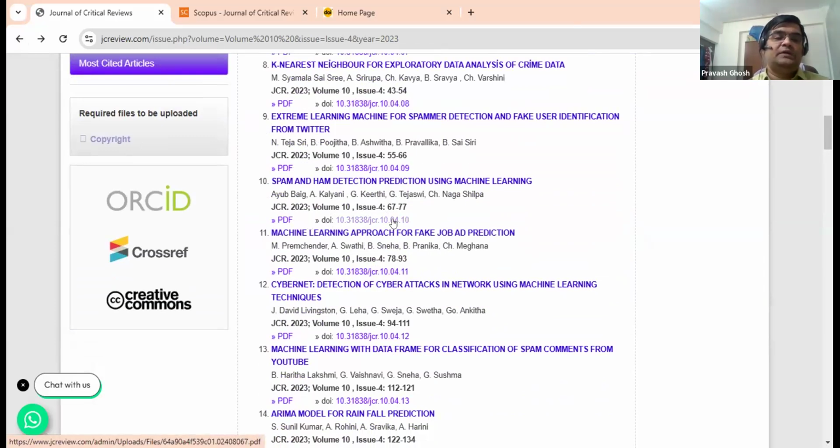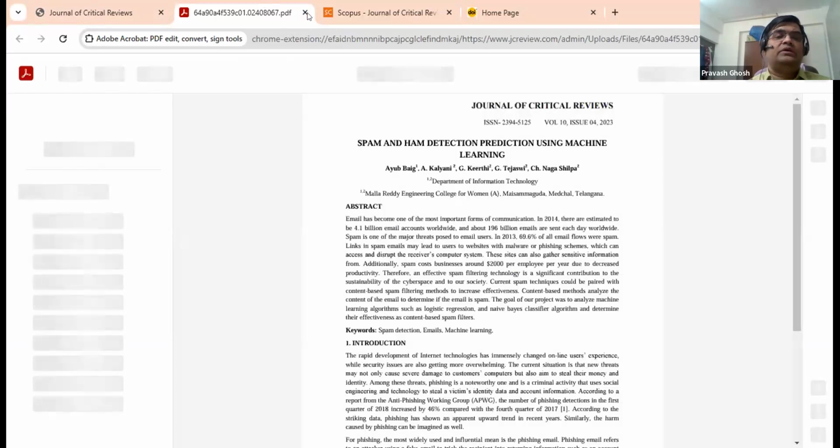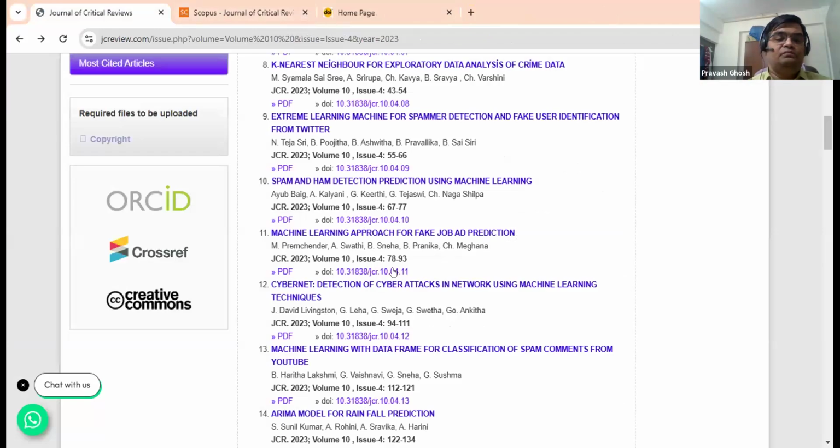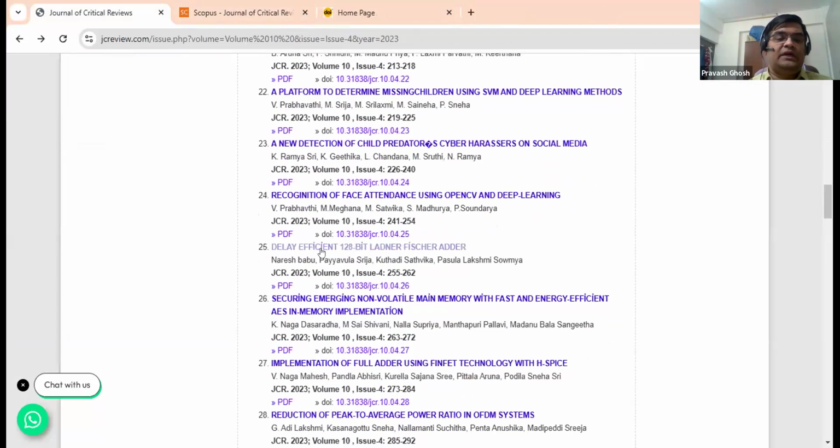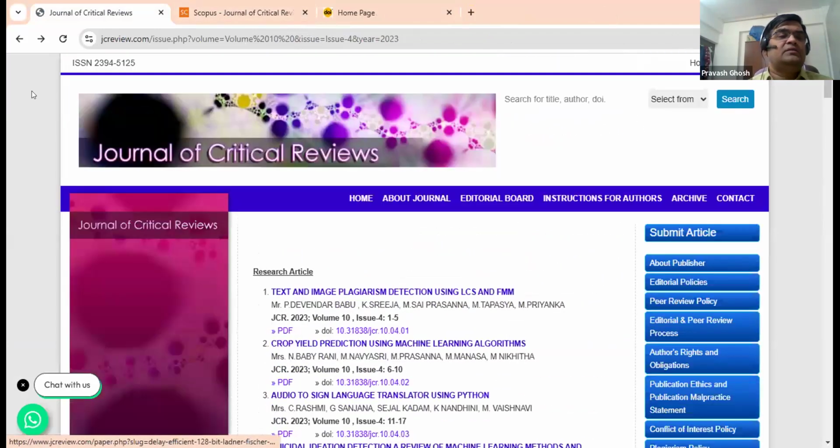Let me click here. Sometimes it may work also, but may not work also. So it is working here somehow. But ज्यादातर DOI fraud होता है, इनका DOI होता ही नहीं है.